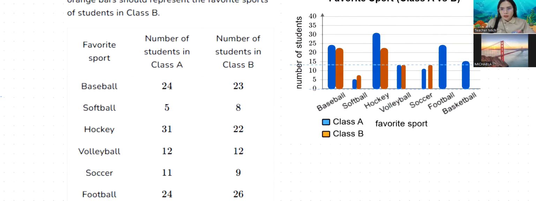So this is soccer, this is just 9. Okay, and then the next one we have here the football, which is 26. And then the last one is the basketball, which is 9.